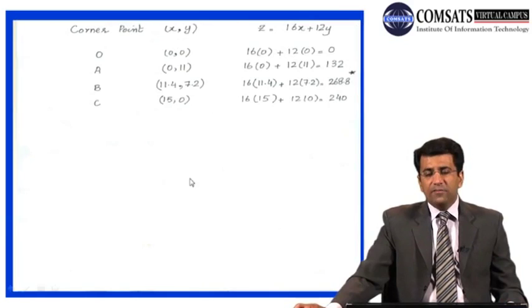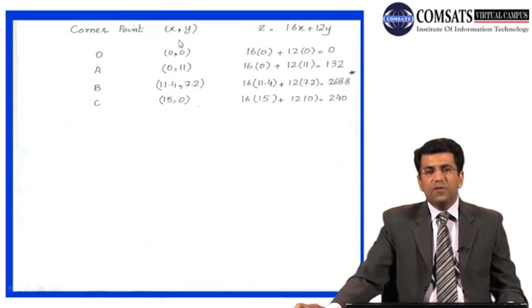Now again, we'll have to make this table of the different alternatives. Again, these are the different corner points, that is the point O, origin point, point A, B, and C. These are the relevant x and y coordinates for these corner points, that is 0, 0; 0, 11; 11.4, 7.2; 15 and 0.